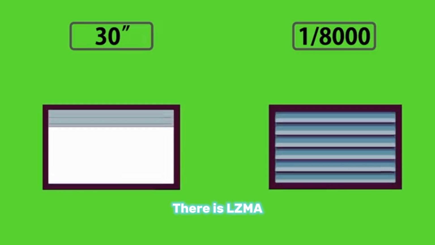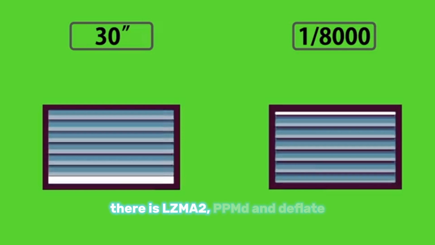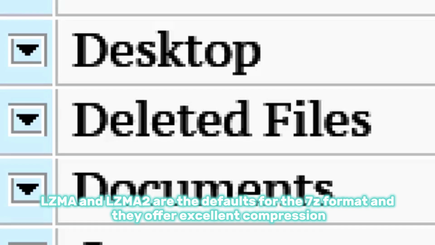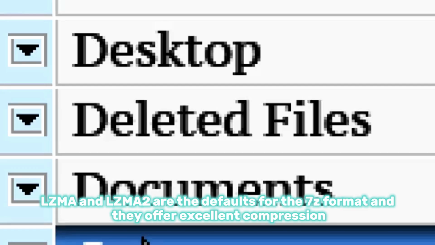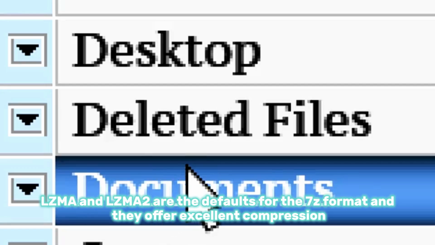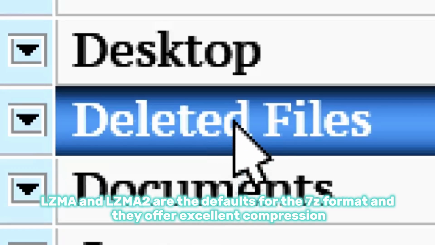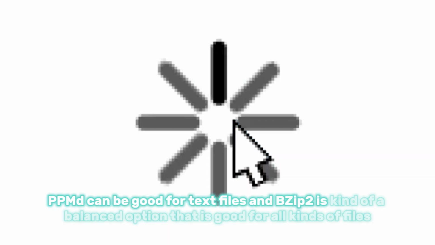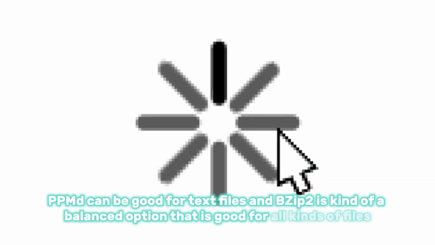There is LZMA, LZMA2, PPMD, BZIP2, and deflate. LZMA and LZMA2 are the defaults for the 7Z format, and they offer excellent compression. PPMD can be good for text files, and BZIP2 is kind of a balanced option that is good for all kinds of files. Deflate, on the other hand, is used in the zip format.